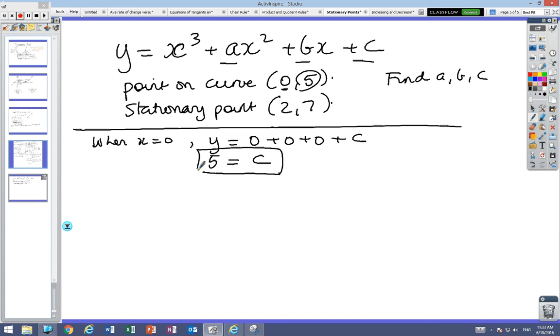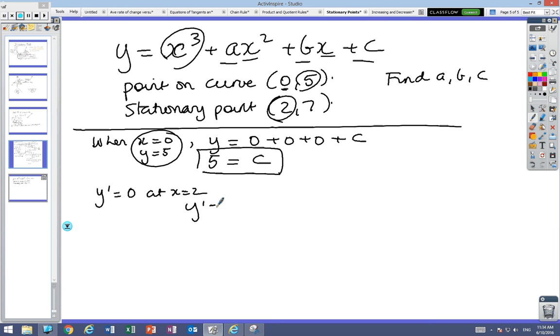So when x equals 0, y equals 5, and then 0 just cancels out on all those terms. So we know that c equals 5. We know that there's a stationary point at x equals 2. So we've got y dash equals 3x squared plus 2ax plus b.